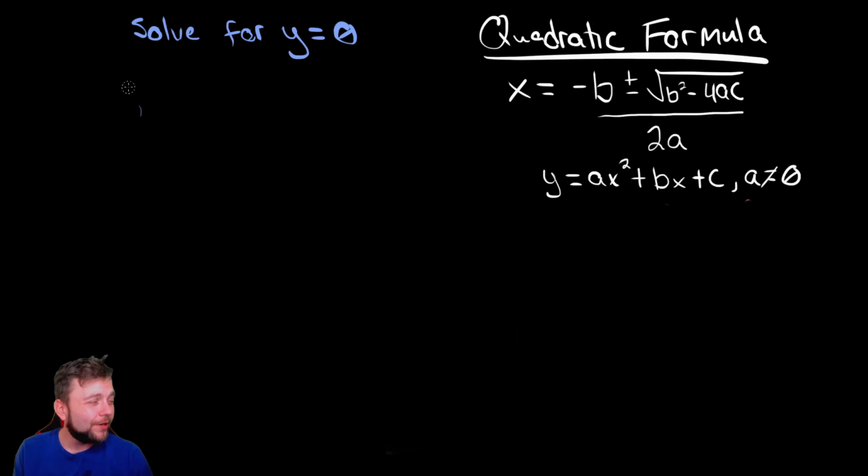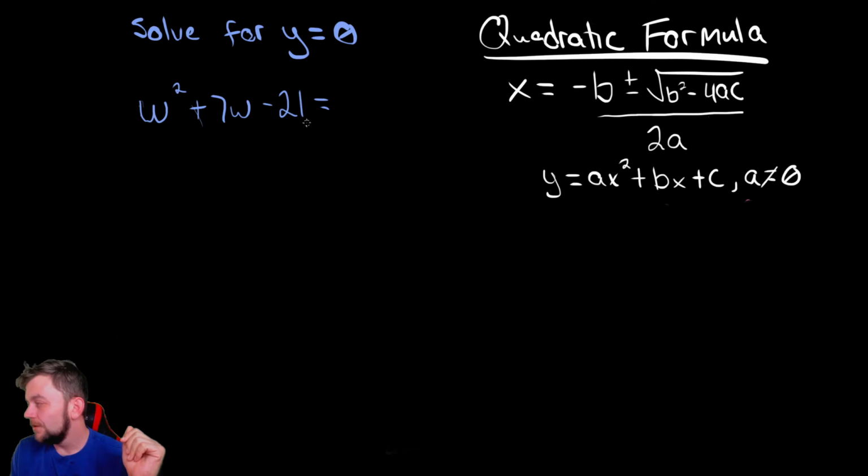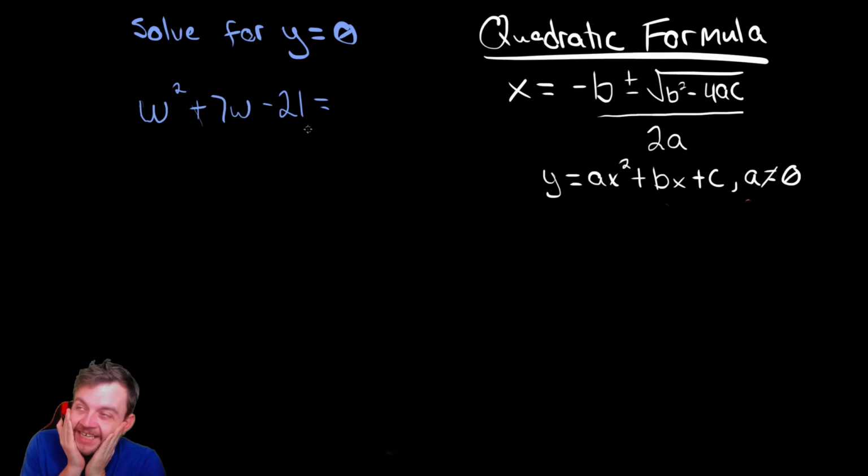They like to use these crazy letters for their equations, and it's really annoying. Super, super annoying to me. But I will stick to it just to throw everybody off. We have W squared plus 7W minus 21, and I think the reason why they do this is so you get comfortable with that idea of it being a variable, right?